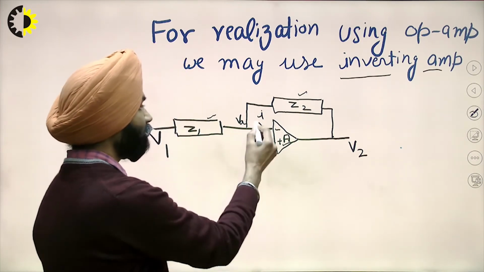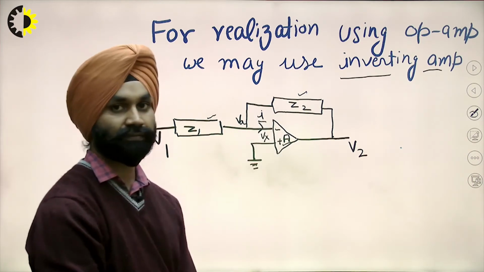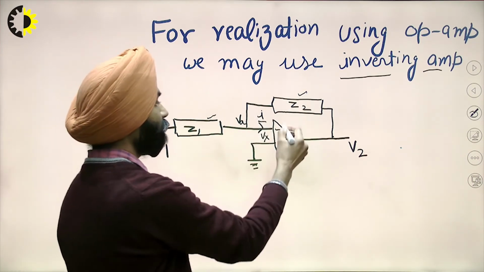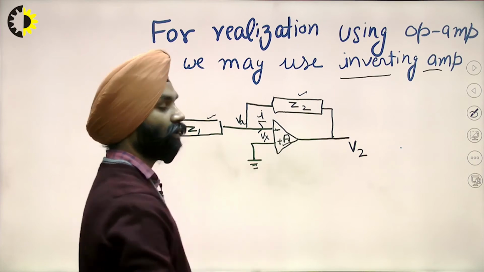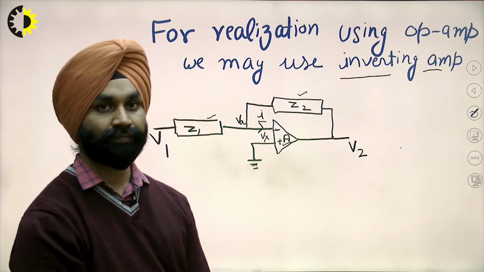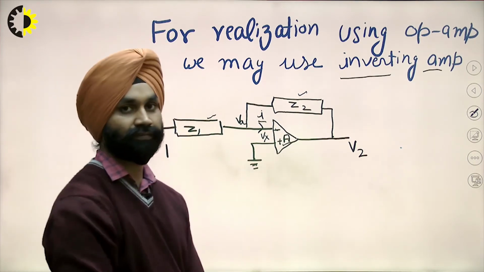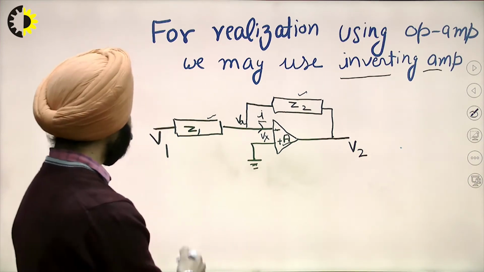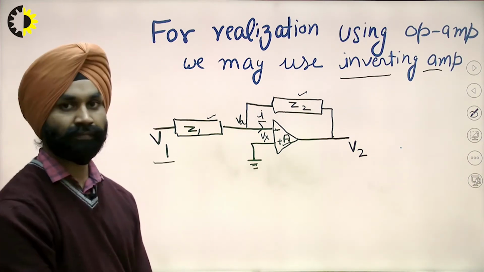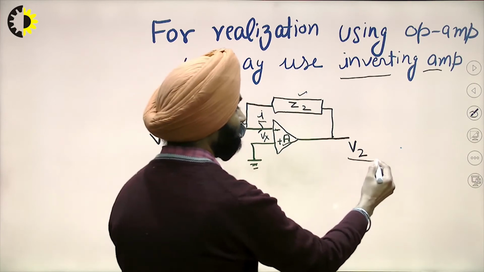I is the current given inside the circuit, and we are giving a feedback on the negative terminal of the op amp. The positive terminal is grounded. V1 is our input and V2 is our response.